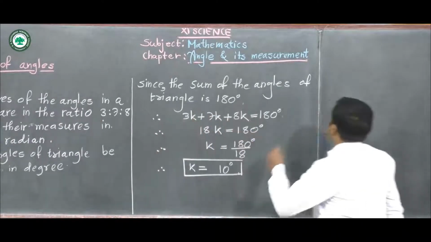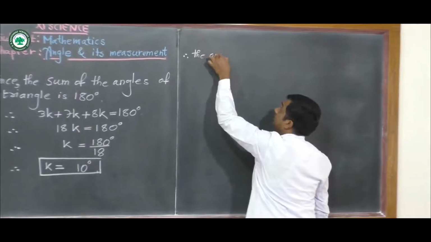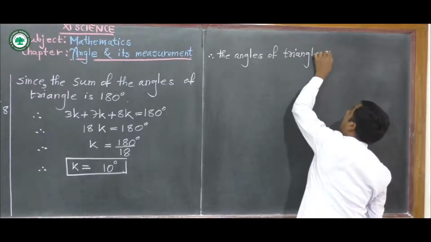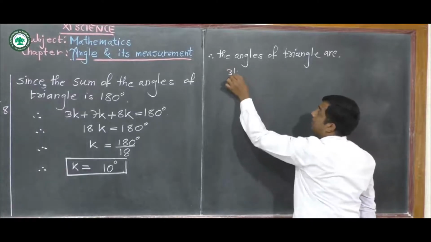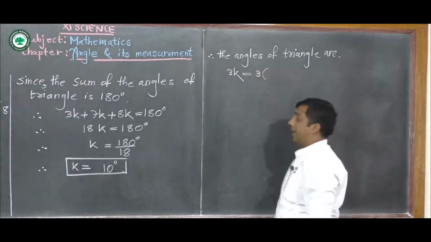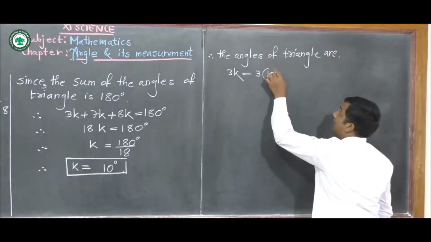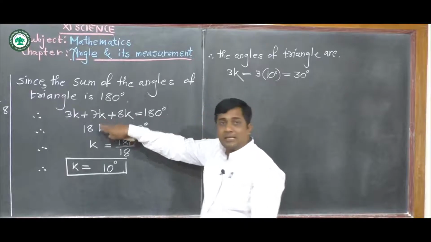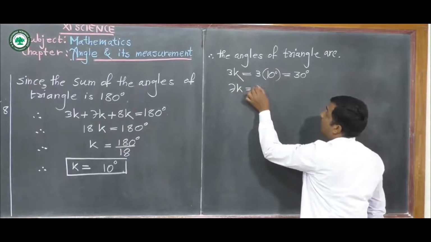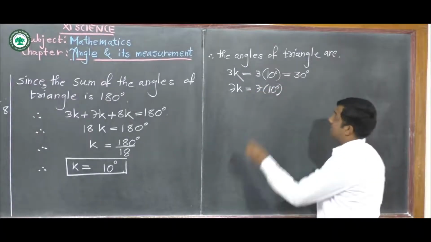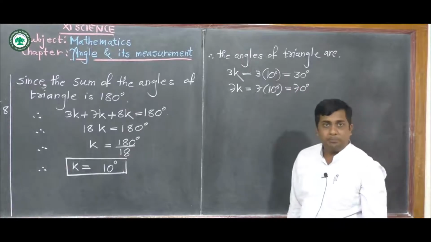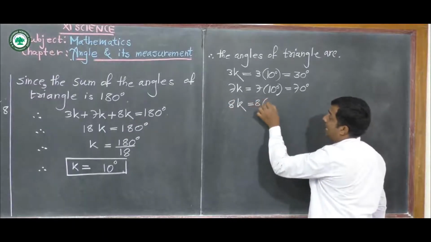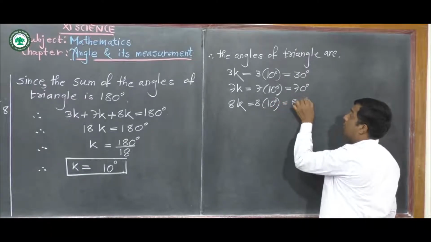Therefore, the angles of the triangle are: first, 3k is equal to 3 into k, and k is 10 degrees, so we get 30 degrees. Now the second is 7k, so 7k is equal to 7 into 10 degrees, which is 70 degrees. Then the last is 8k, so 8k is equal to 8 into 10 degrees, which is 80 degrees.